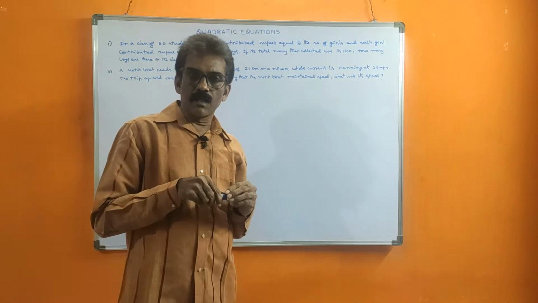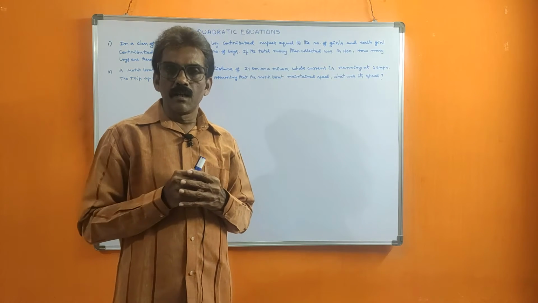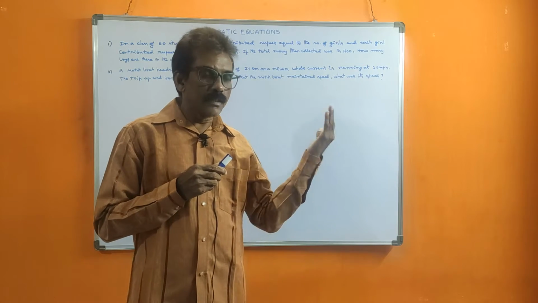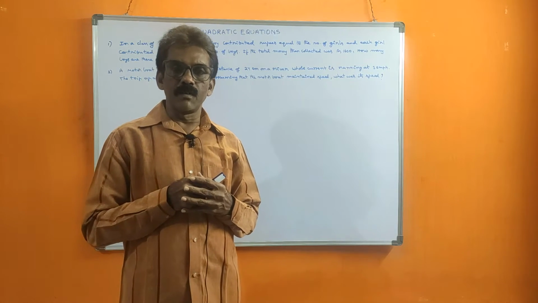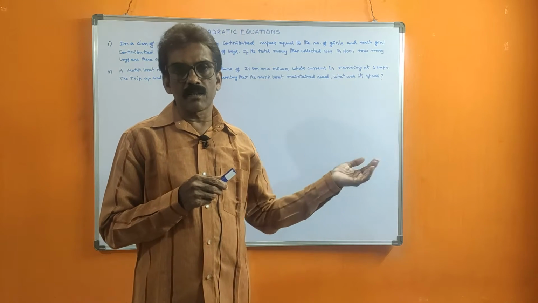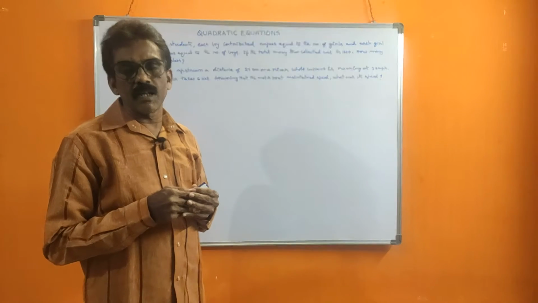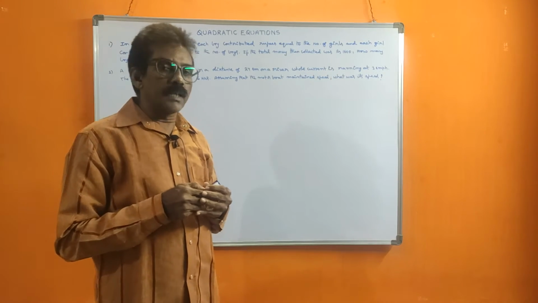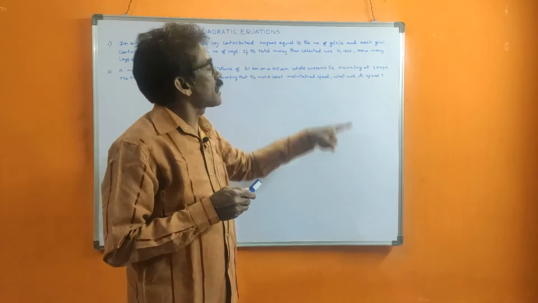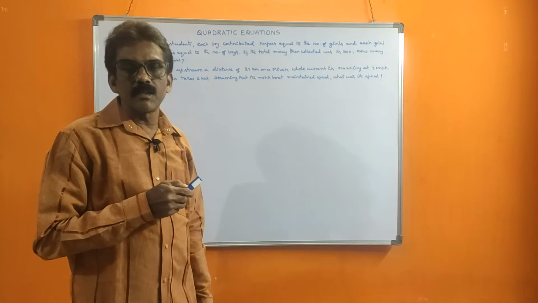Each girl gave an amount equal to the number of boys, and each boy contributed as many rupees as the number of girls in the class. So in that way they collected some amount, and the collected amount was given as 1600 rupees. Now what is being asked is how many boys are there in the class.